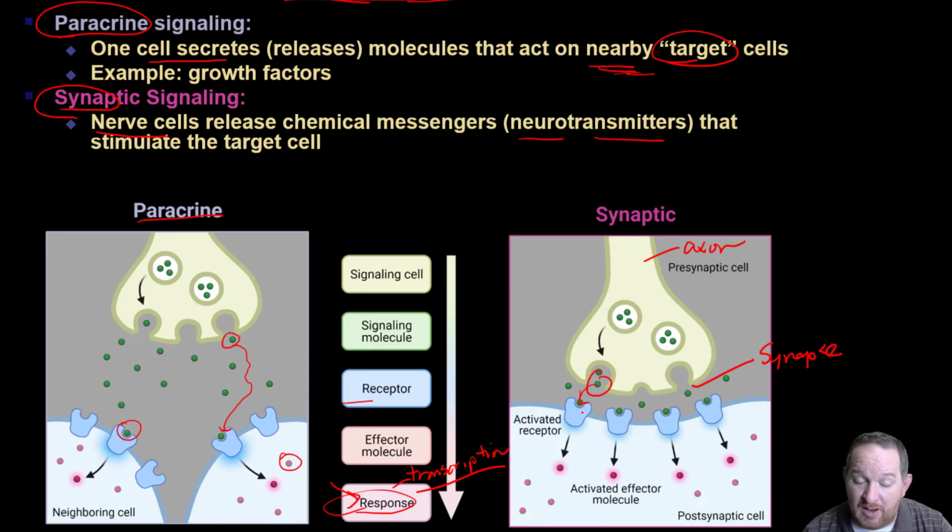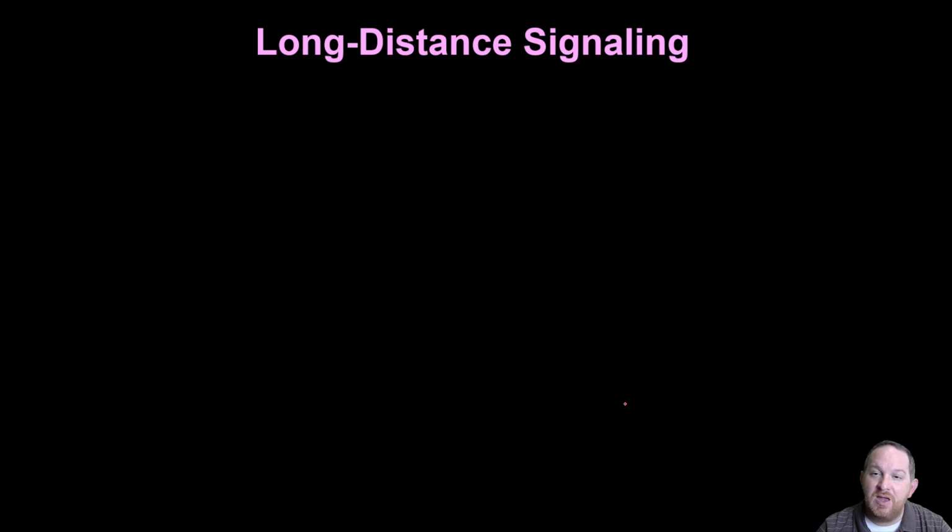The receptor gets activated, which then activates effector molecules and essentially gives us some response in the target cell. Now, these are both complicated, and we could give you lots of examples, but what you need to remember here is that short distance signaling can be paracrine or synaptic if we're talking about the small synapse space between these neurons.